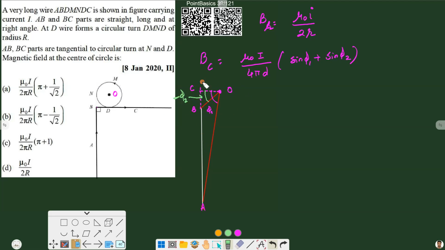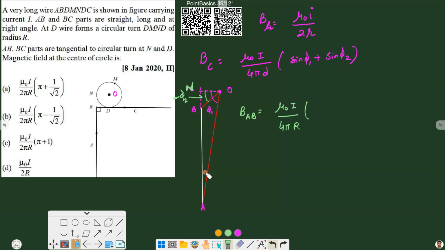So now the magnetic field due to this AB part, B_AB, will be mu naught I by 4 pi times the distance OC. Actually, we already have N point here, so we will take it as N. So this ON is equal to the radius of this circle, so that will be R. Now coming to sine phi 1.